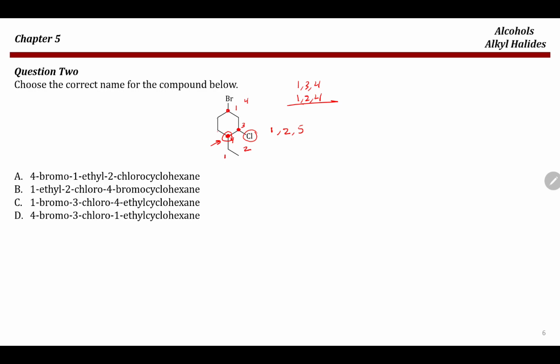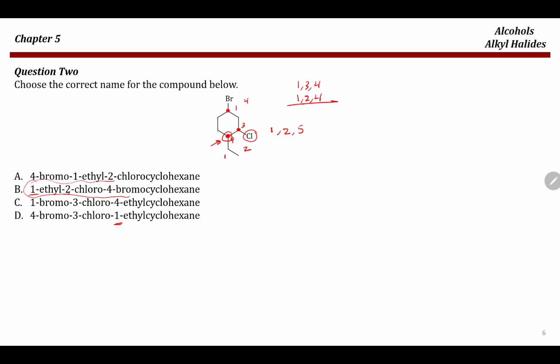So 1 goes for ethyl, 2 goes for chloro, and then 4 goes for bromo. However, it looks like in this choice, the alphabetical order is not correct.